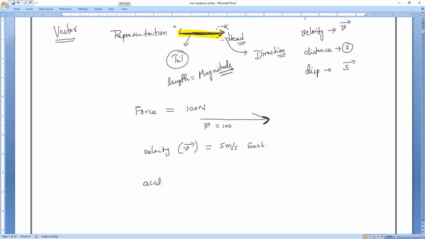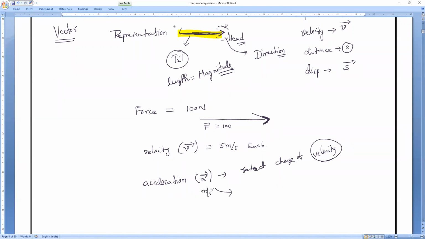Like that, if I say acceleration, we all know, is acceleration a vector quantity or a scalar quantity? We studied it last chapter. Acceleration means the rate of change of velocity, and we all know velocity is a vector quantity. So acceleration is also a vector quantity. What is the unit of acceleration, everybody?